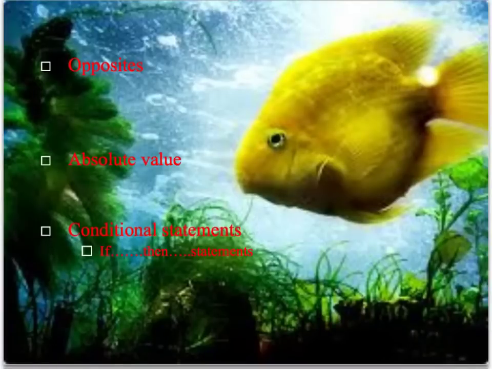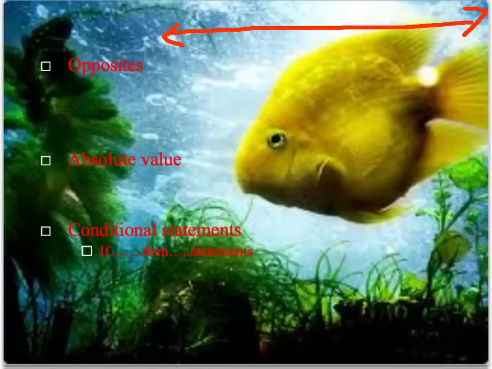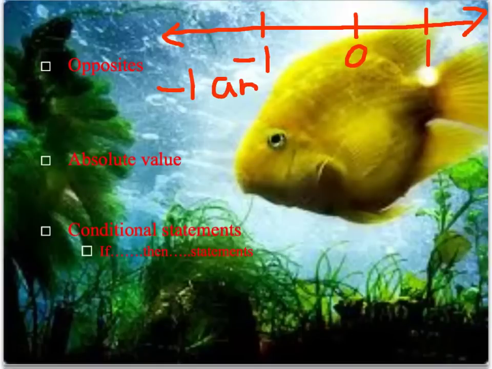All right, opposites. Opposites are numbers that are the same distance from 0 on the number line in the other direction. So for example, -1 and 1 are opposites.